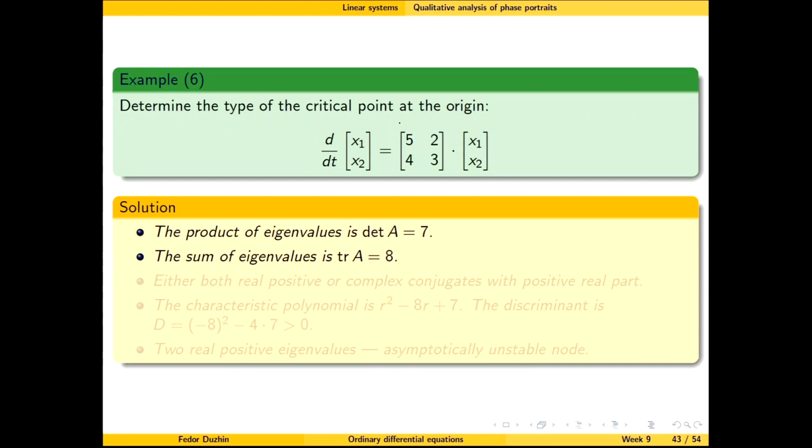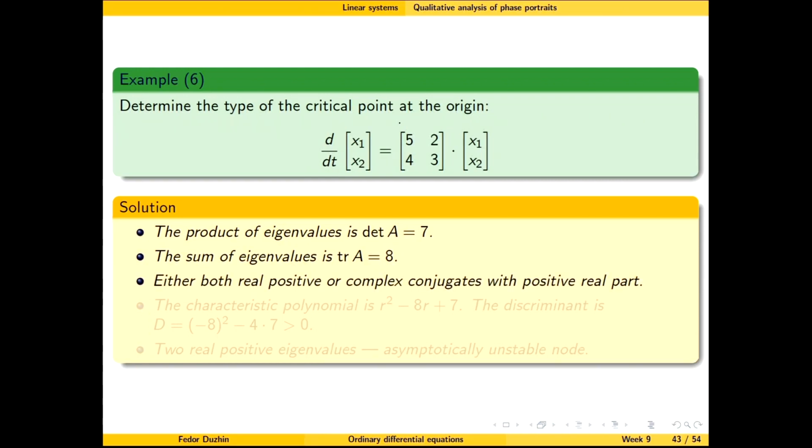If the product is positive and the sum is positive, then we could have two different cases. Either the eigenvalues are both positive, or they are complex numbers with positive real part, right? So we need to figure out whether they are actually real or complex.